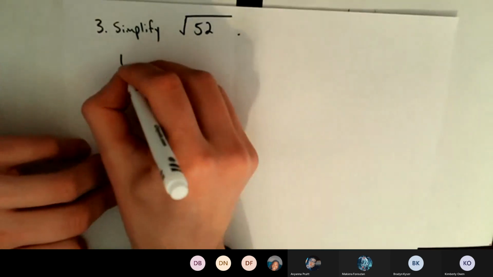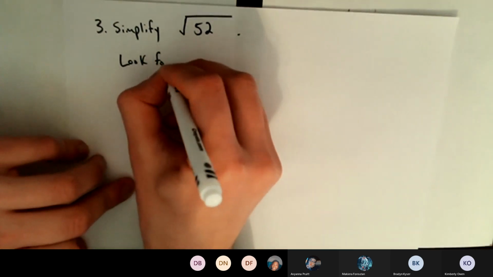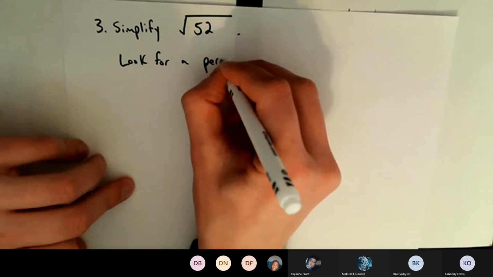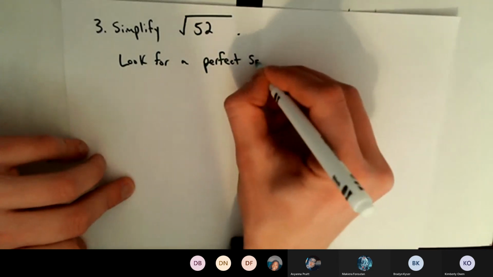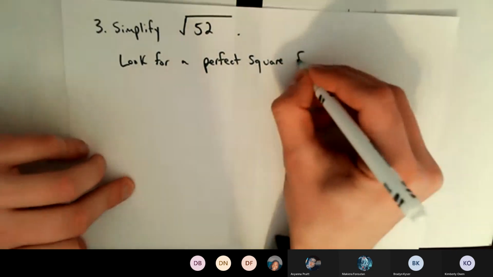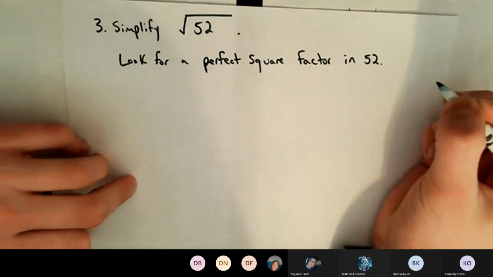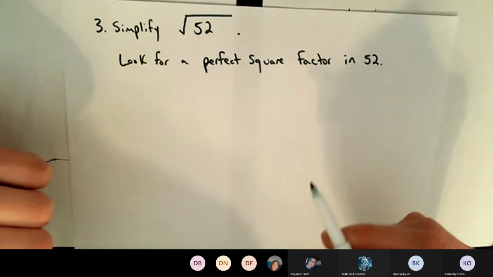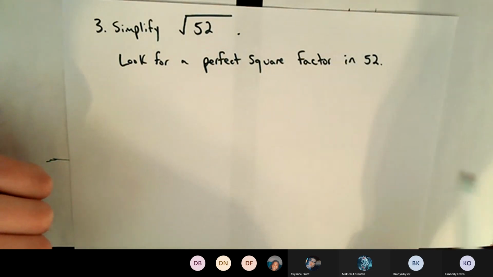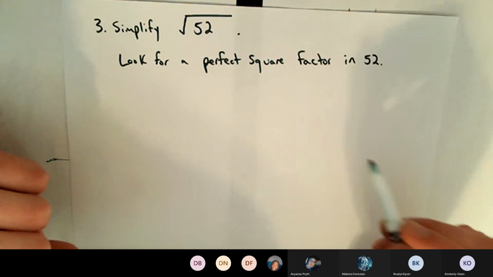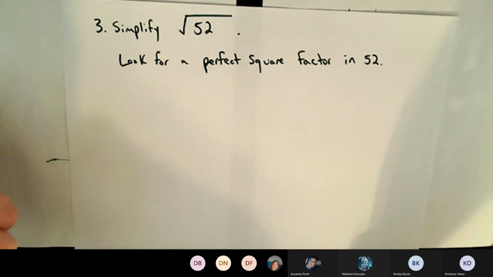So I'm going to get straight into it. The first thing we do is look for a perfect square factor in 52. And remember, perfect squares are like 4, 9, 16, 25, 36, 49, etc. Perfect square numbers.